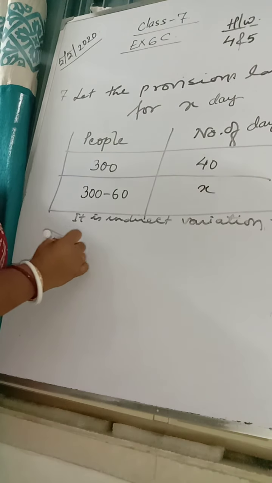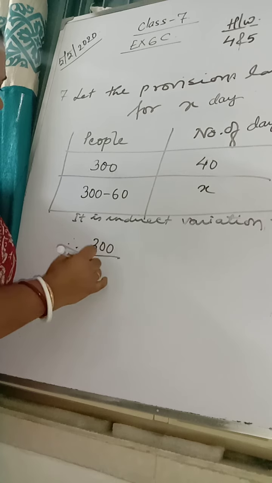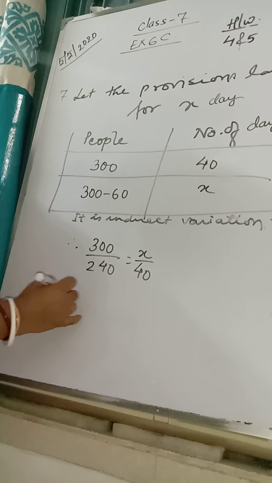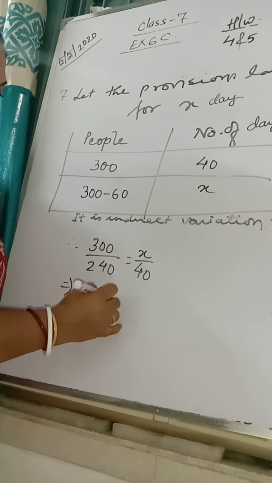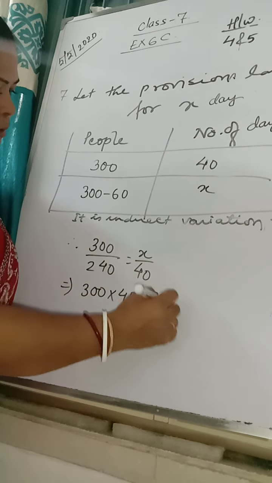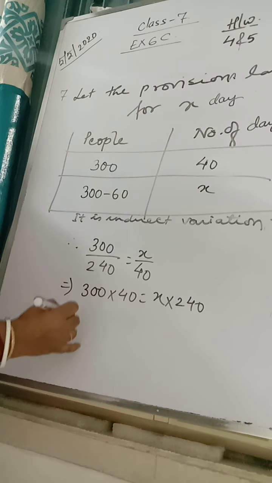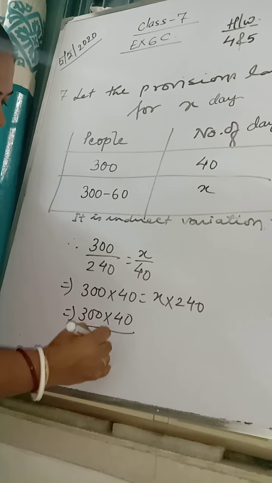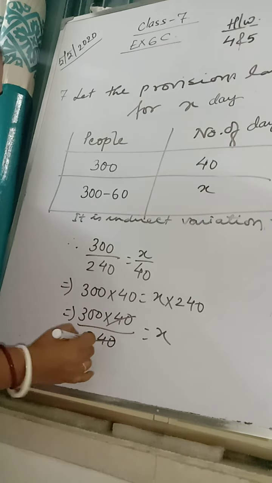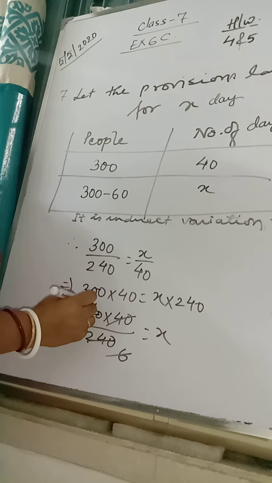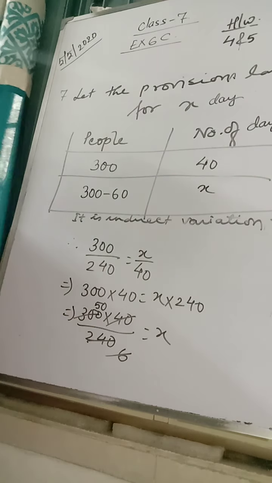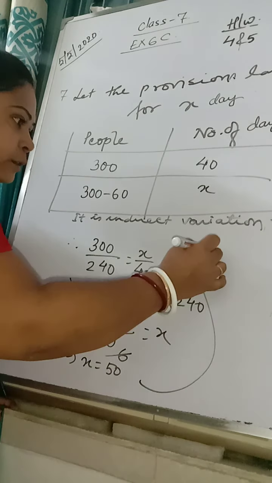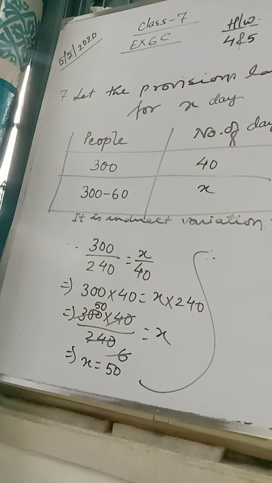So this gives you 300 by 240 is equal to X by 40, or 300 into 40 is equal to X into 240, or 300 into 40 by 240 is equal to X. X is equal to 50 days. So therefore the provision lasts for 50 days.